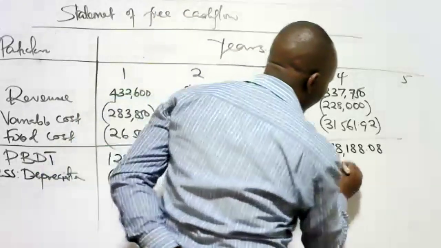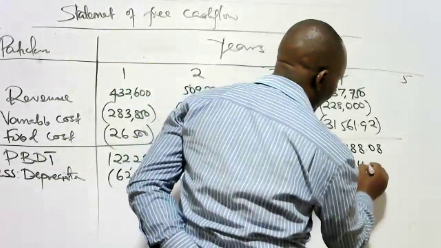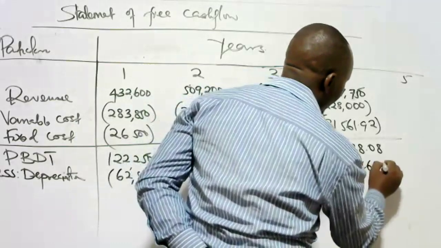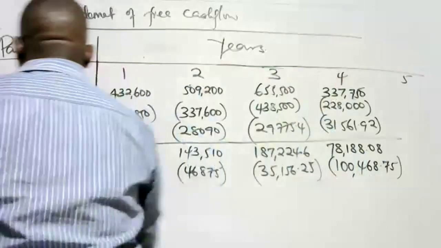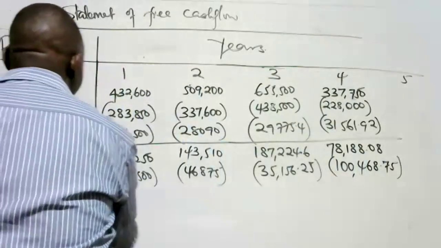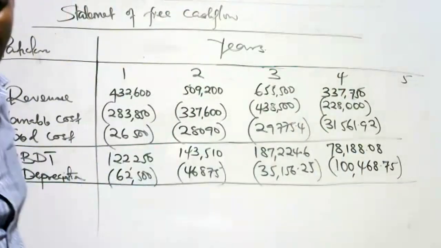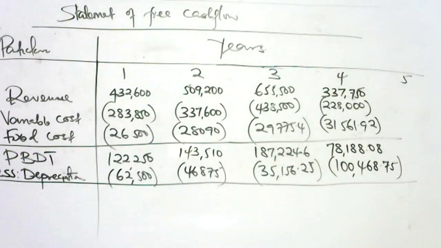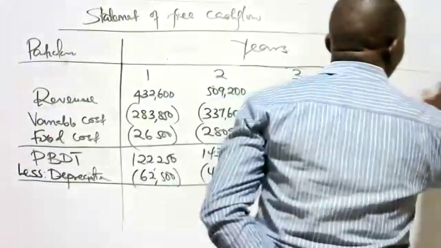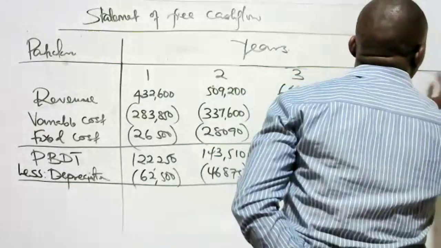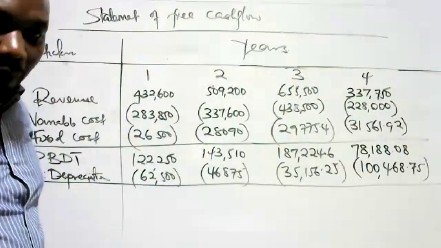The fourth year was 26,367.19. So from there we can proceed.